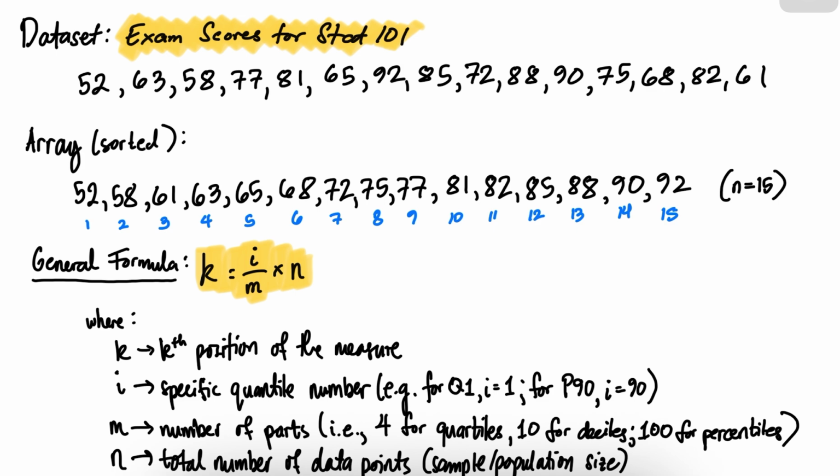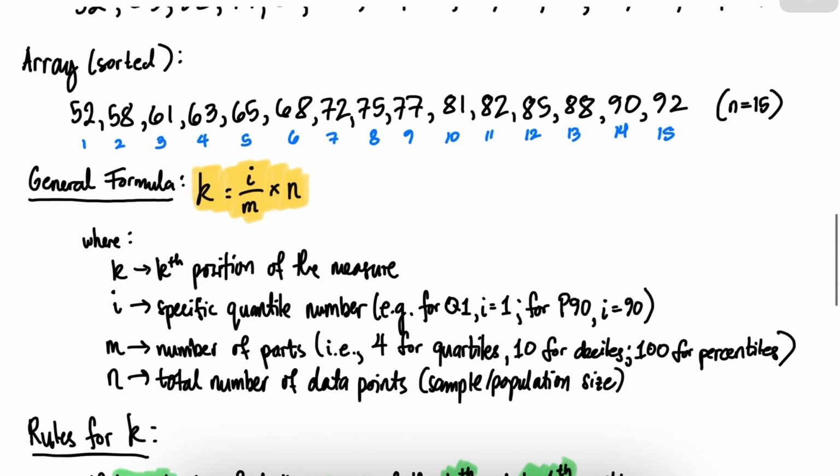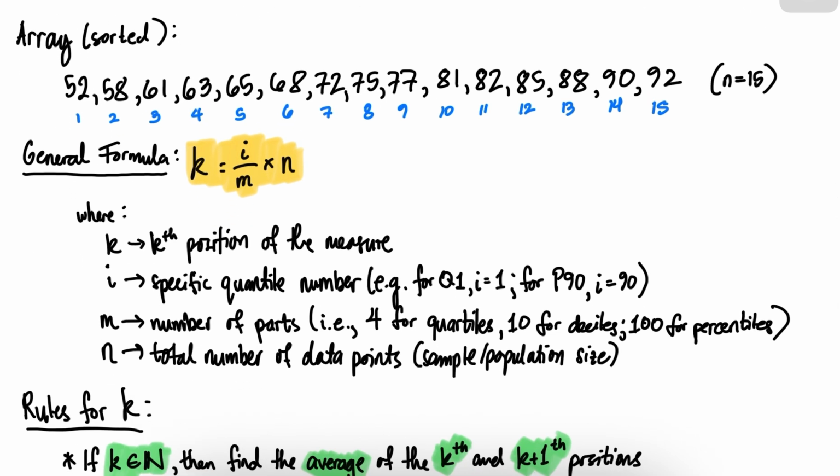To ease us in that trouble, we already have the array here. And I already named the order, or the kth positions, like this is the first datum, a second datum, third datum, etc. So we have 15 samples all in all in this particular example.